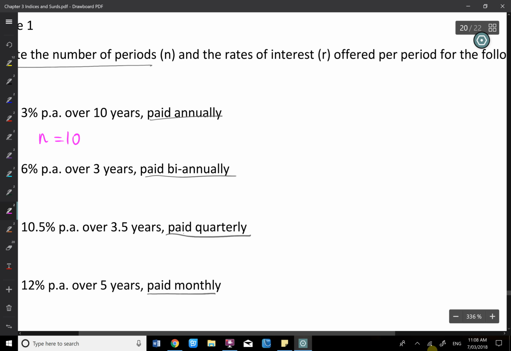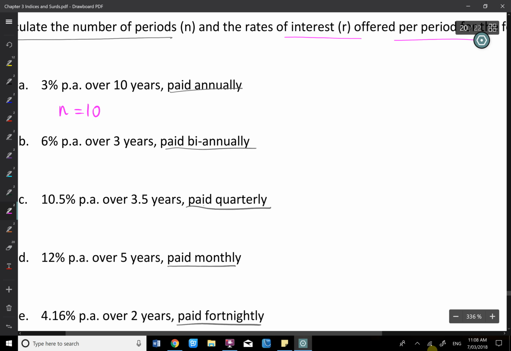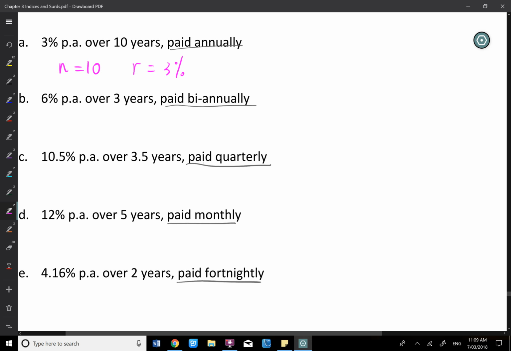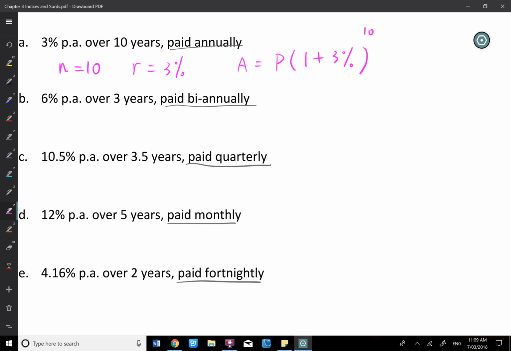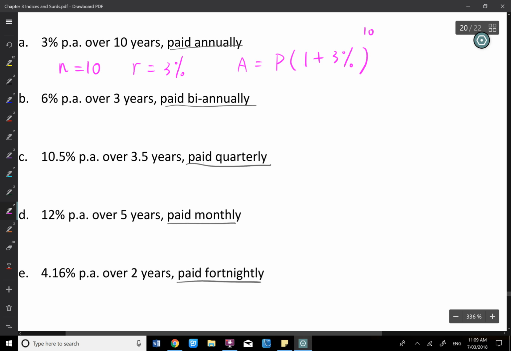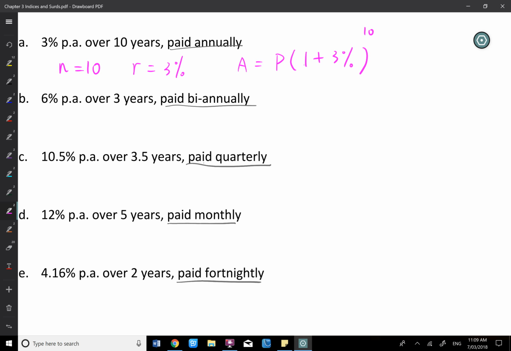And calculate the interest offered per period: this interest R is just equal to 3%, because it's paid annually and the annual rate is 3%, that's no problem. So A will equal the principal times 1 plus 3% to the power of 10. It will accumulate 10 times because over 10 years we are paid every year. So that's the principal times 1 plus the interest rate to the power of n.